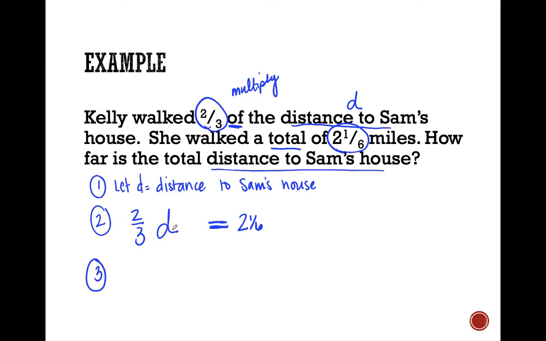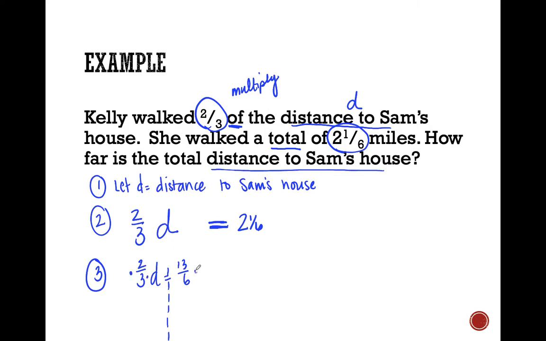So we know she still has some distance to go. So before I actually do anything, I'm going to change my mixed number 2 1/6 into an improper fraction. So 2/3 D equals 2 times 6 is 12, plus 1 is 13 over 6. Now, remember, we want to get the D by itself. So we need to take this fraction, 2/3.